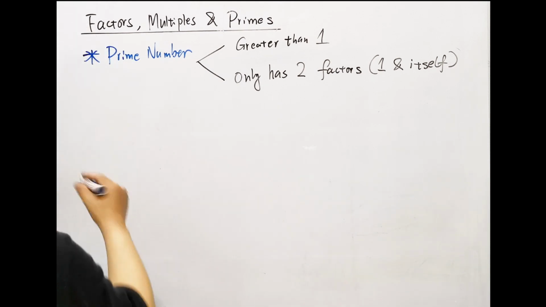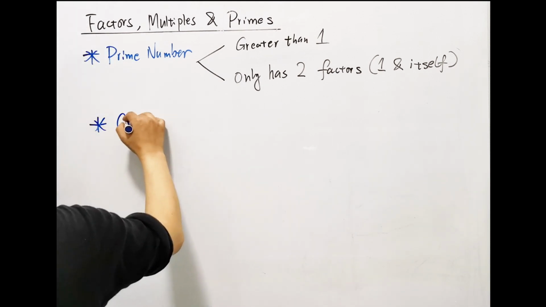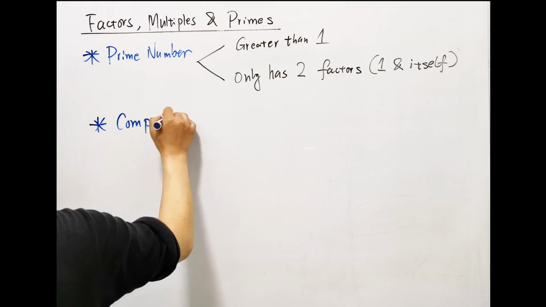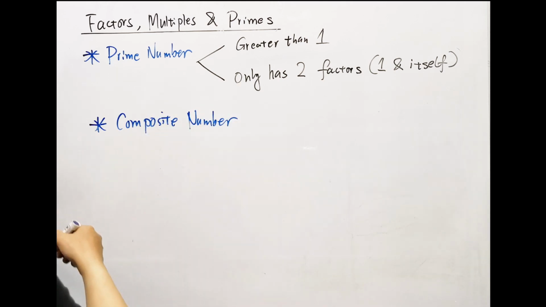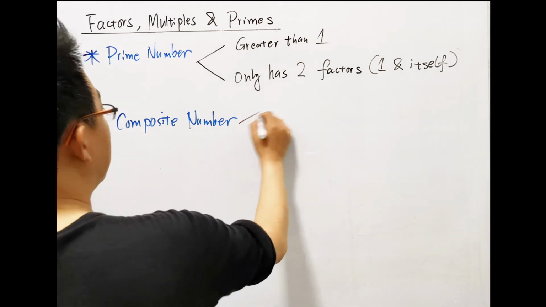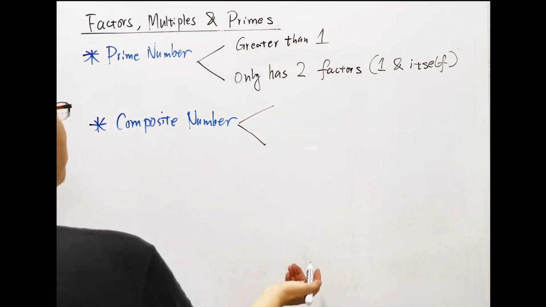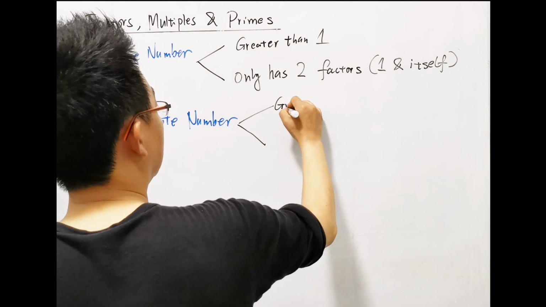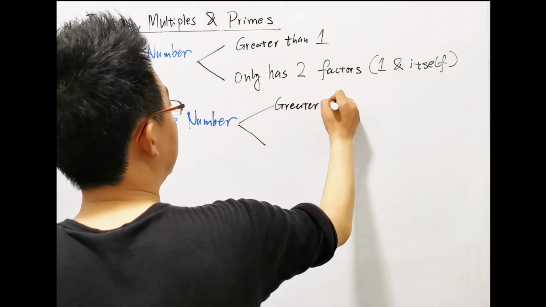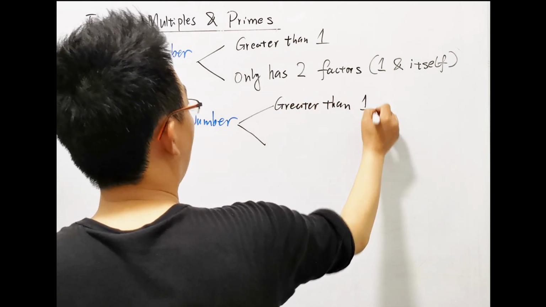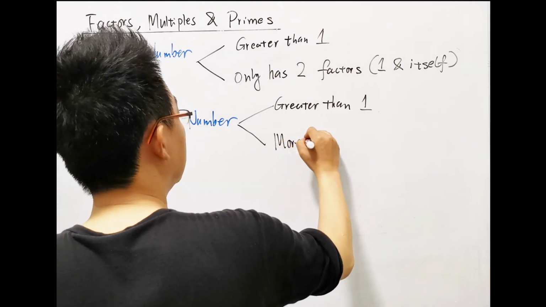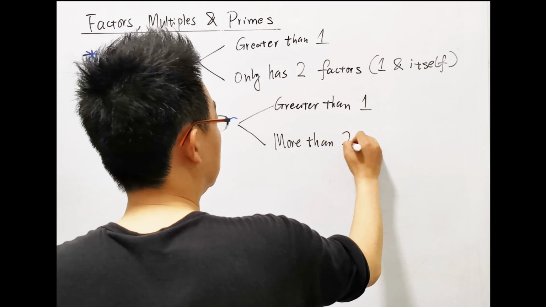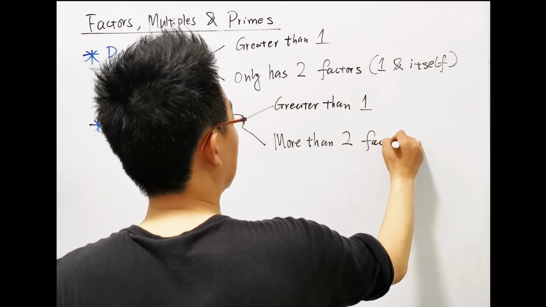And then what is a composite number? A composite number is also a whole number greater than 1 and has more than 2 factors.